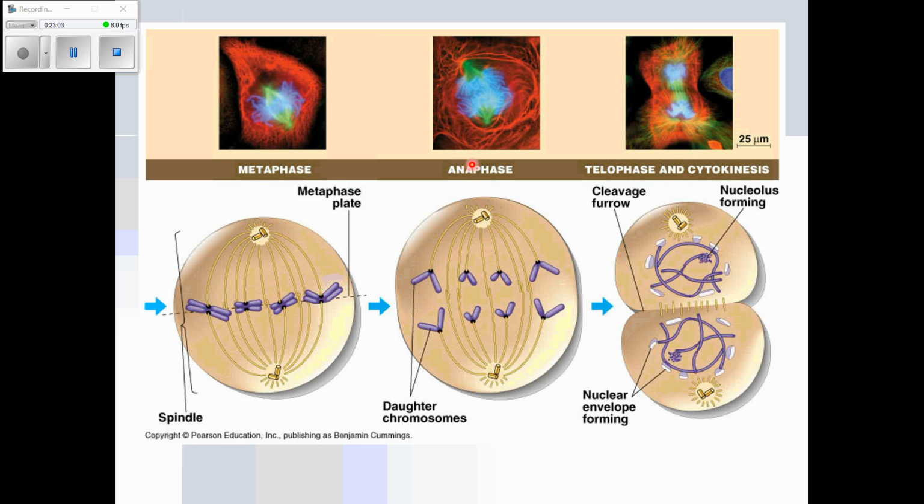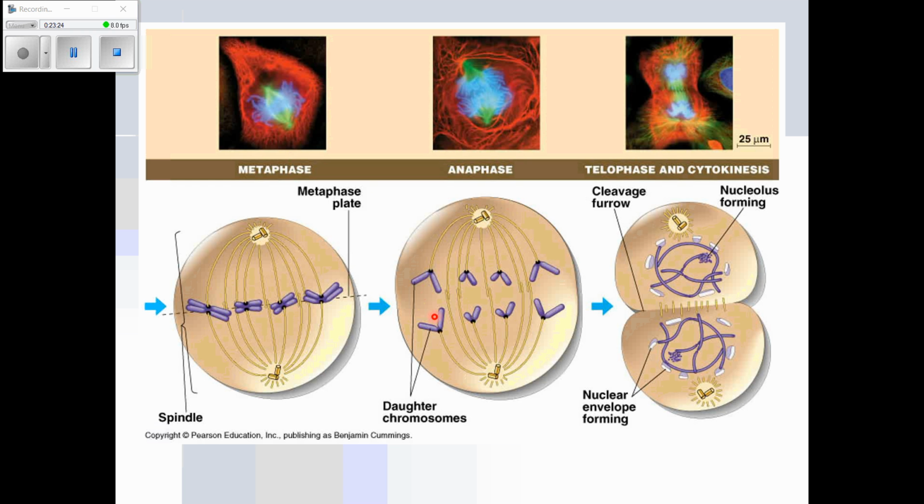But if I told you to look at anaphase, the very same cell, just a few moments later, now how many chromosomes do you see? 1, 2, 3, 4, 5, 6, 7, 8. The number of chromosomes has doubled.